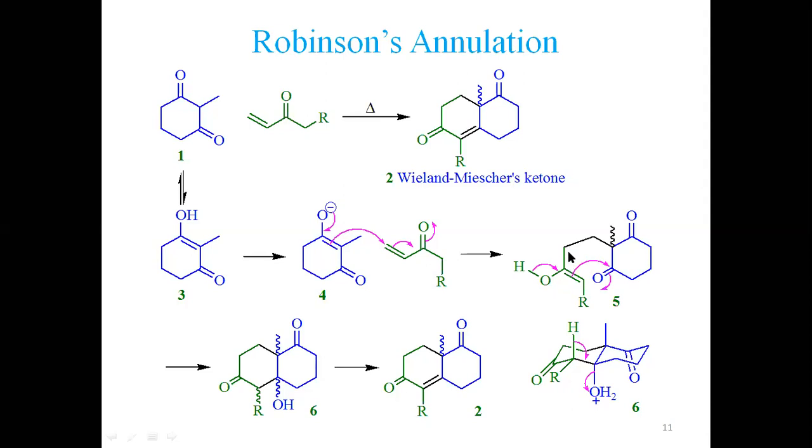Enol is possible here, but if this carbon position is 1, 2, 3, 4, that is a 4-membered ring, and a 4-membered ring is not a stable ring system. But compared to that, if this carbon makes a bond with this carbon, this is a 1, 2, 3, 4, 5, 6, a 6-membered ring is going to form. So this is the reason why it is not going to exist in this form.